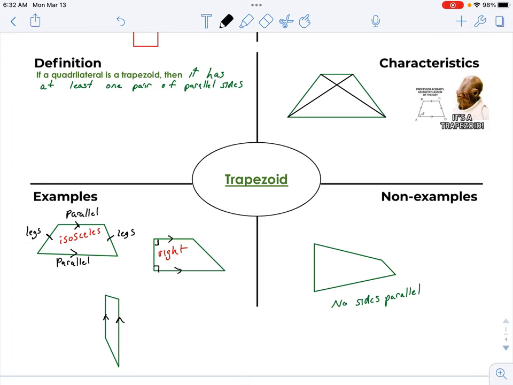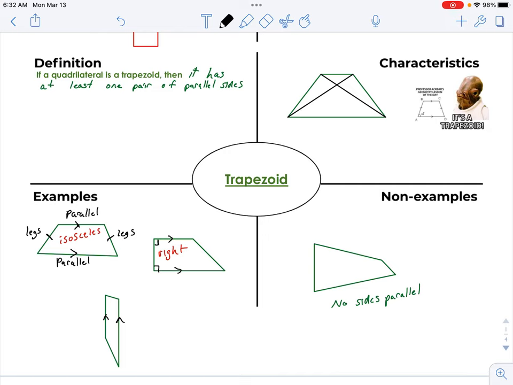All right, and then so overall, for trapezoids, just since they're so crazy, the diagonals really don't do much. They're not guaranteed to do anything in particular.